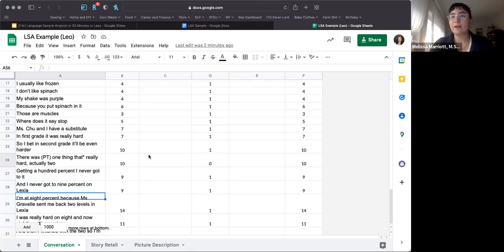So if you have 12 utterances, you're going to put 12. If you have 30 utterances, you're going to put 30. And then it'll adjust the mean length of utterance to be a reflection of that number of utterances rather than 50.